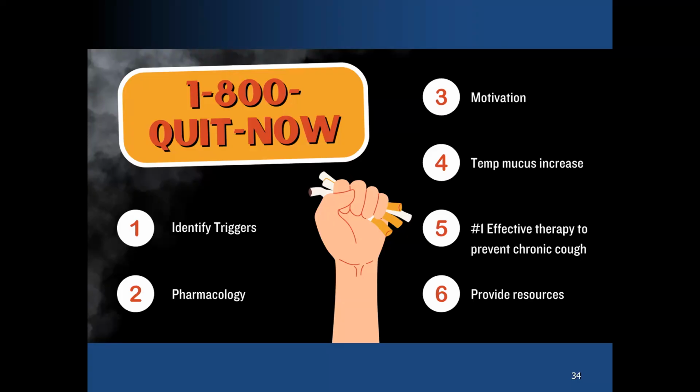Reinforce that this typically resolves within 2 to 4 weeks. Encourage continued abstinence even if symptoms briefly worsen. Smoking cessation is the single most effective therapy for chronic cough and airway disease prevention. Even a brief counseling session by a respiratory professional can double a patient's chance of quitting successfully.